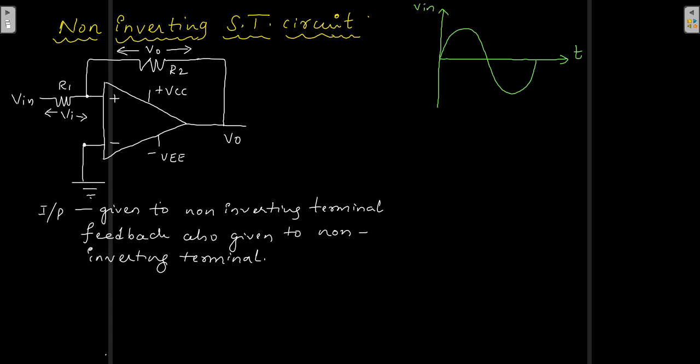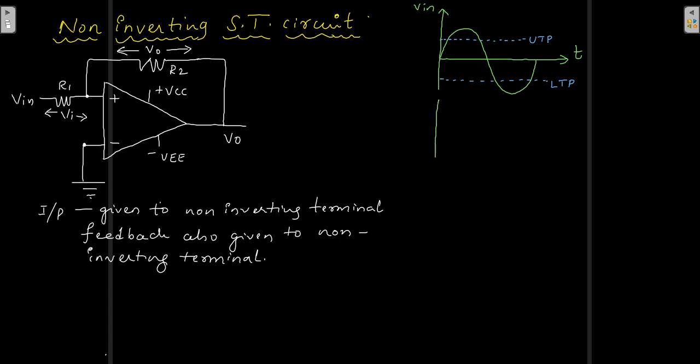As usual, I have to derive UTP and LTP. Something like this I will draw for UTP, and something like this for LTP. This is UTP, this is LTP. What are the values of UTP and LTP? We will see as and when we analyze this particular circuit.